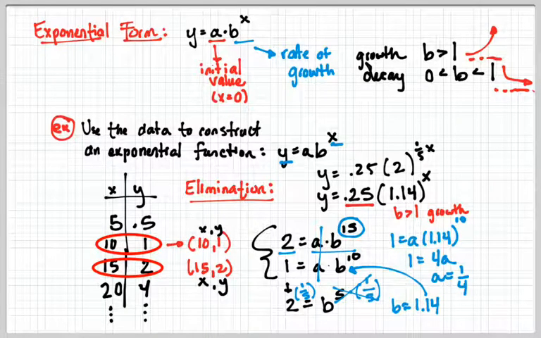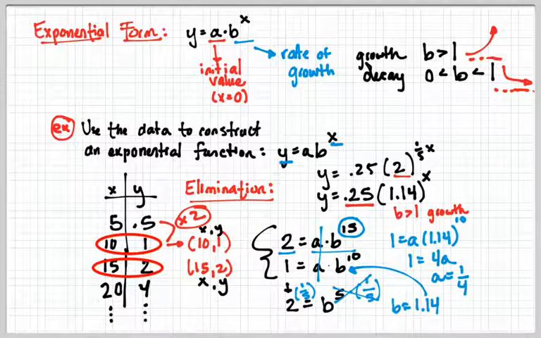And that 2, for those of you that are able to see it, is from the doubling in the problem with your y values. You're doubling each time, though your x values are increasing by 5. Okay. So either form is appropriate because it's the same thing once you distribute the exponent. So do whatever one makes more sense to you.